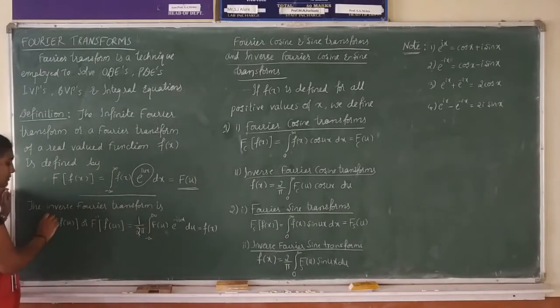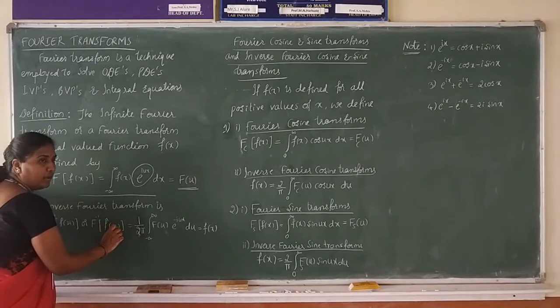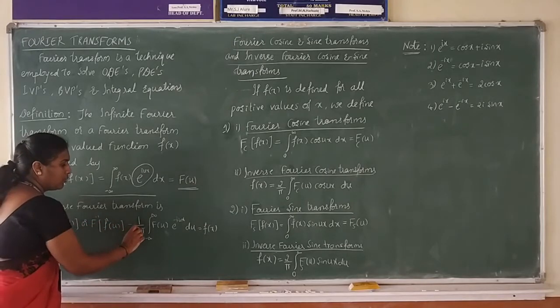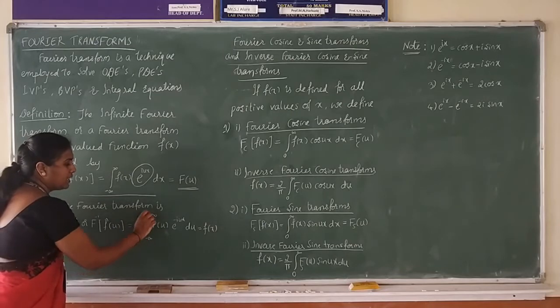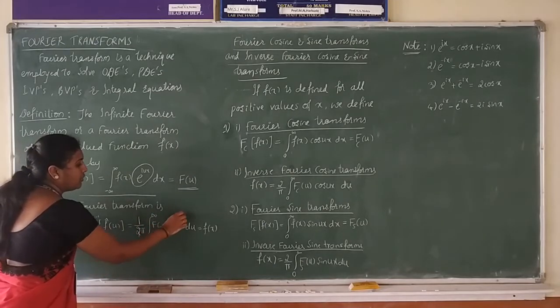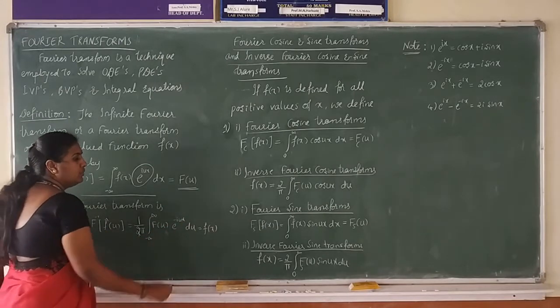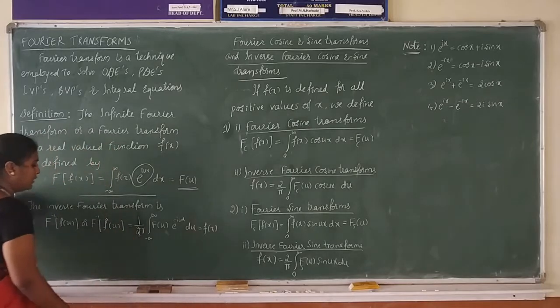The inverse Fourier transform is given by F inverse, that is the inverse Fourier transform of F of u, equals 1 upon 2 pi integration from minus infinity to infinity F of u into e to the power minus iux into du, which is equal to f of x.